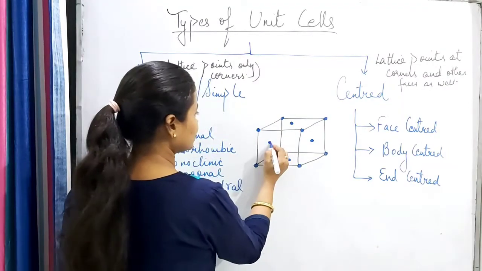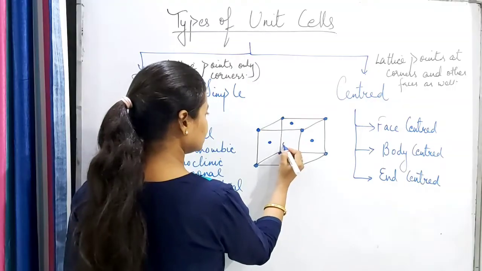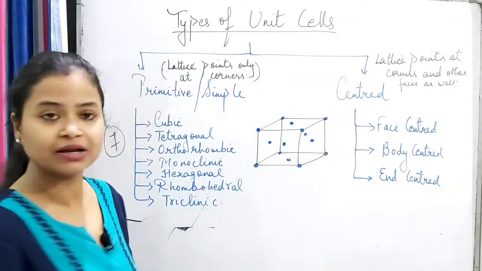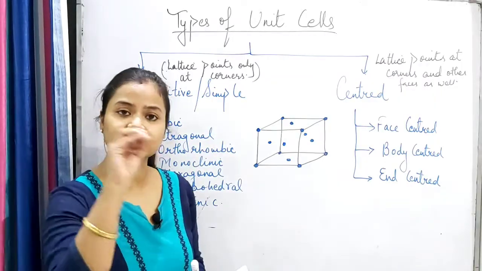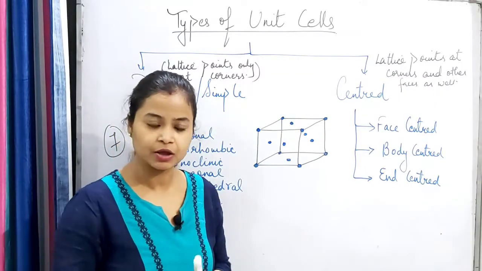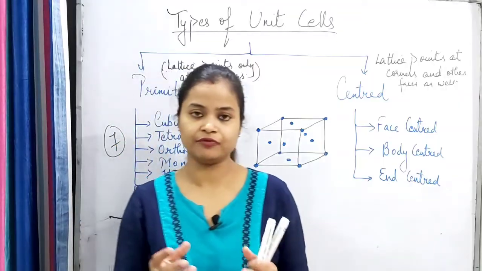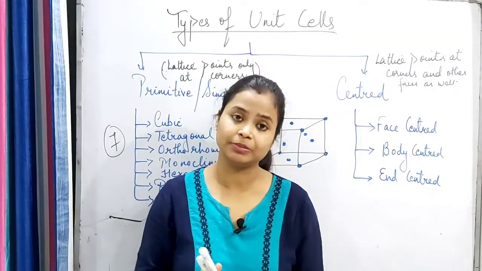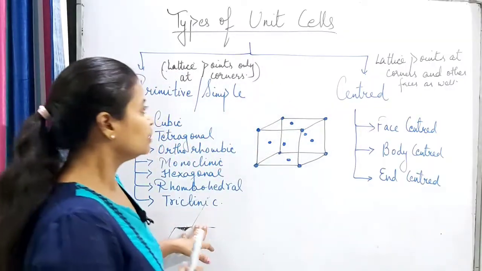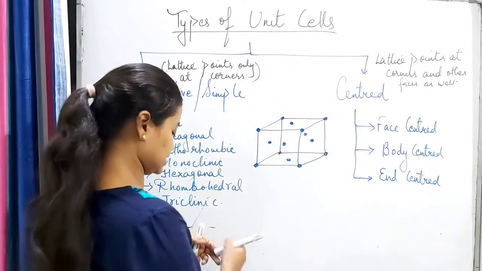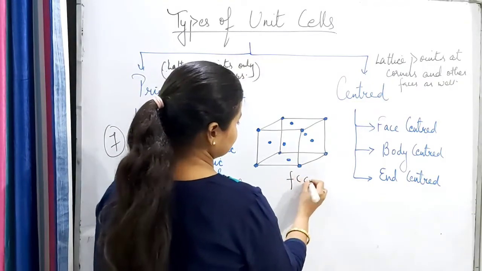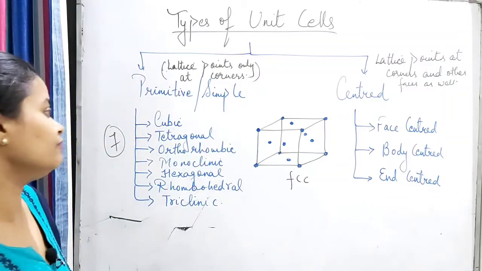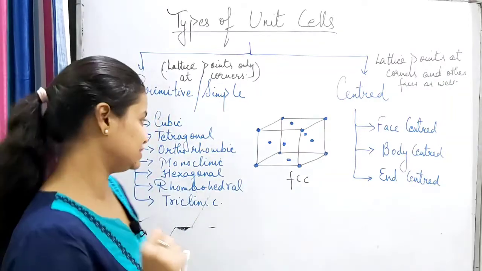See, this one is there, this one here and here. 6 faces are there, and at the center of each face also lattice points are there. You can take any cuboidal thing. Now this is what it is for face centered, that is FCC, face centered cubic structure. Now the second one is body centered.